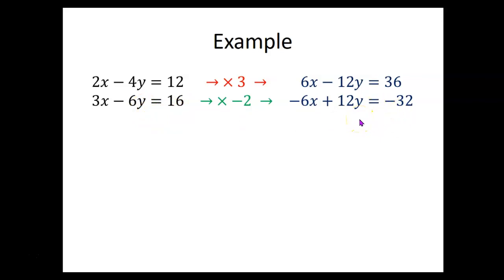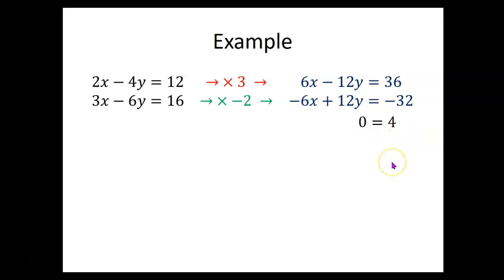Now when I add these two equations together, the 6x and the negative 6x add up to 0, and the negative 12y and the positive 12y also add up to 0. So everything on the left side just adds up to one big 0. Meanwhile, on the other side, the 36 and the negative 32 add up to 4. So what we get is the equation 0 equals 4.